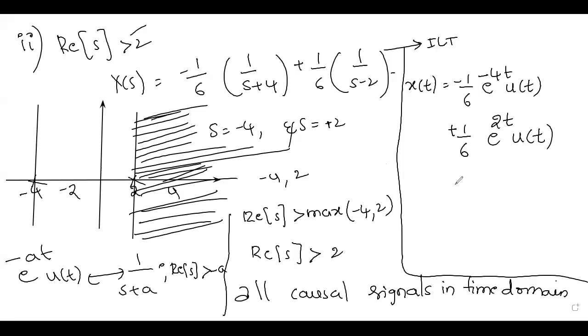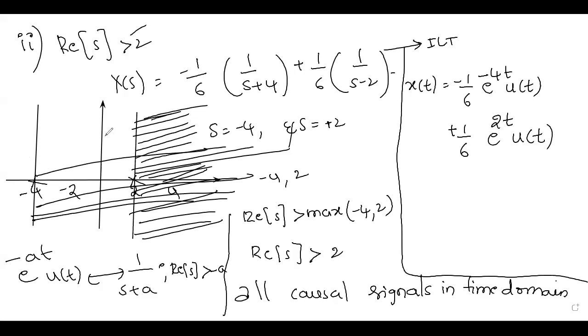Clear this case also? Shall I go for next third bit? Yes? That means all causal signals we have taken means greater than its pole.